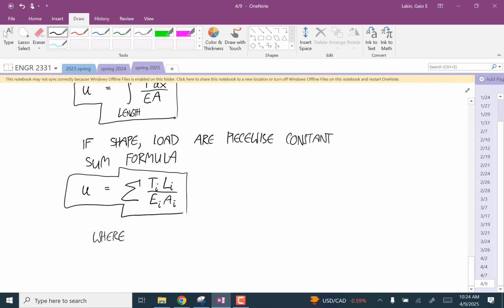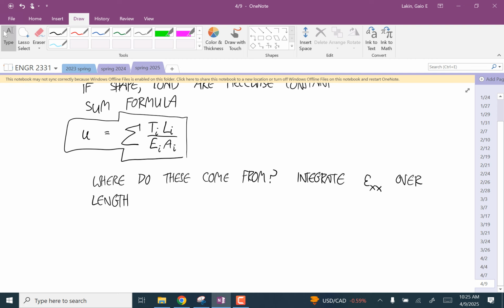Where do these come from? All we're doing is integrating the strains over the length of the beam. So if you start with the definition, we know that sigma xx is T over the cross-sectional area.